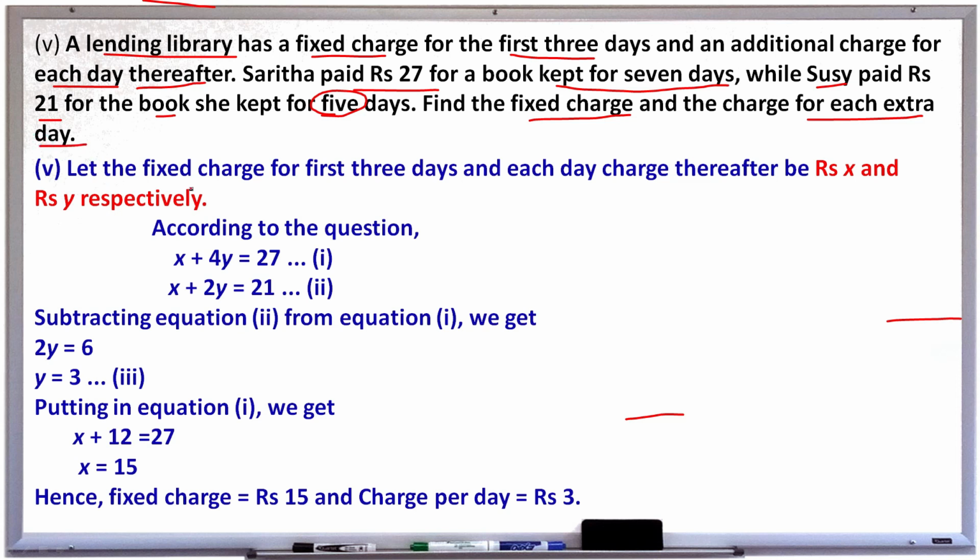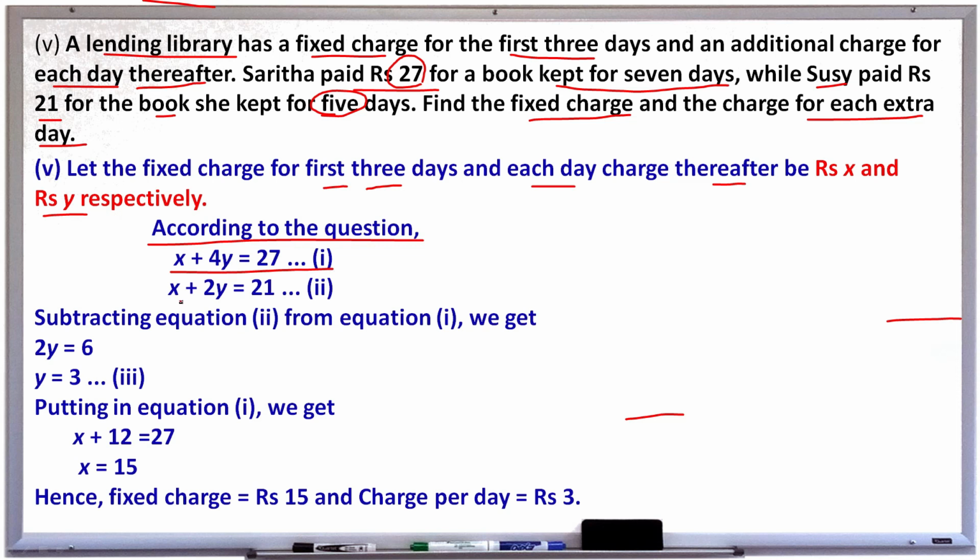Let the fixed charge for the first 3 days and each day thereafter be rupees x and rupees y respectively. According to the sum, 27 rupees, x plus 4y is equal to 27 rupees.